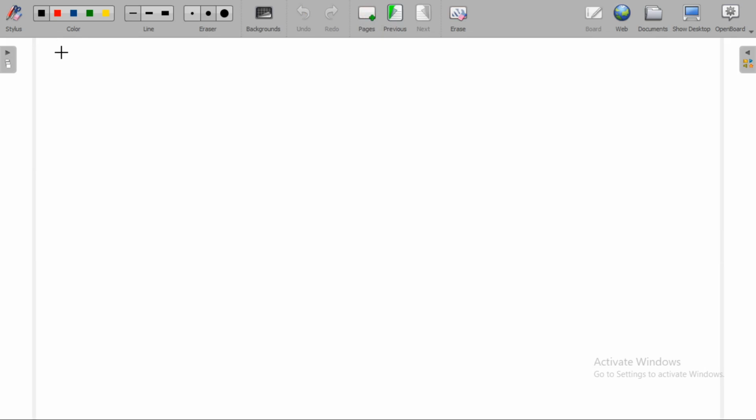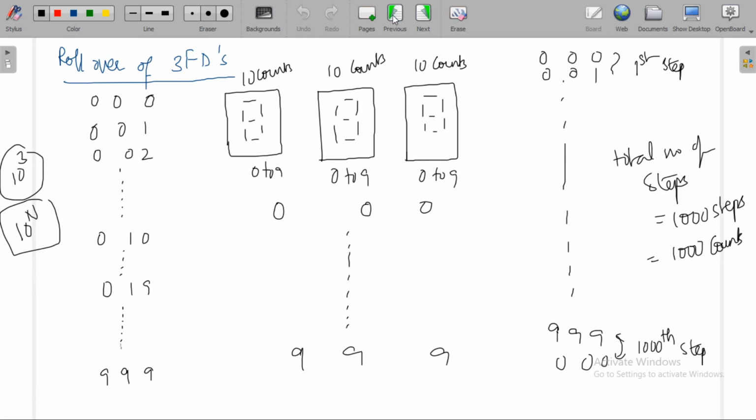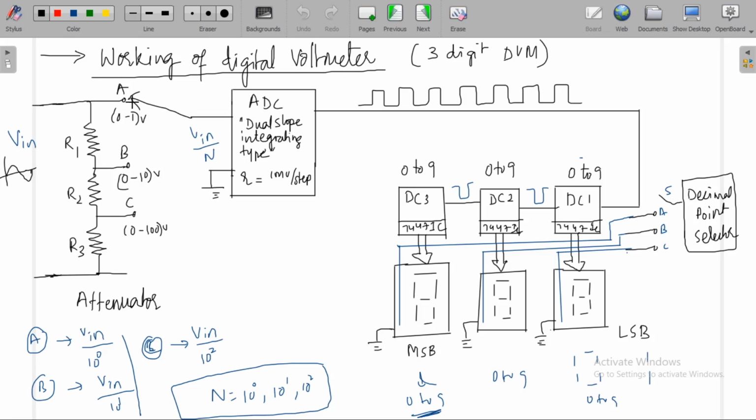The switch is thrown to position A. The switch is thrown to position A means you are going to have 0 to 1 volts range. If you select this range, the switch will be thrown to position A. Again, here also this switch is thrown to position A only.